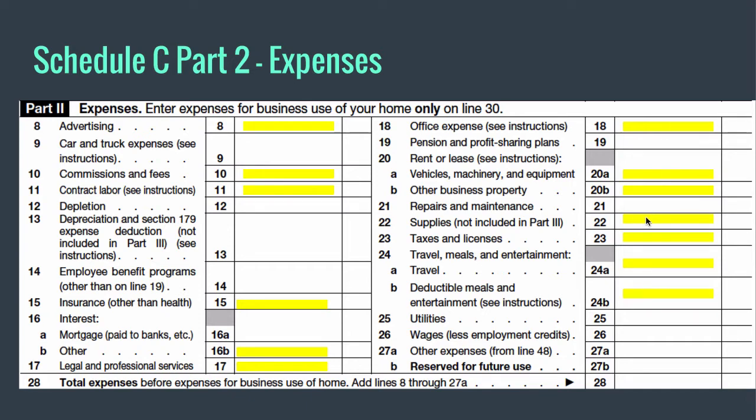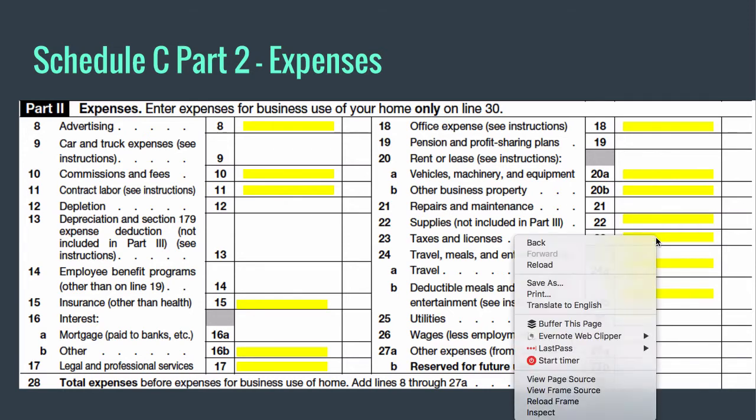Supplies are, again, very vague, but if you have to buy specific supplies for your line of work that aren't office supplies, and it's not stuff that you're buying to make something, just odds and ends, that can go there. And there's more description in the Schedule C instructions.